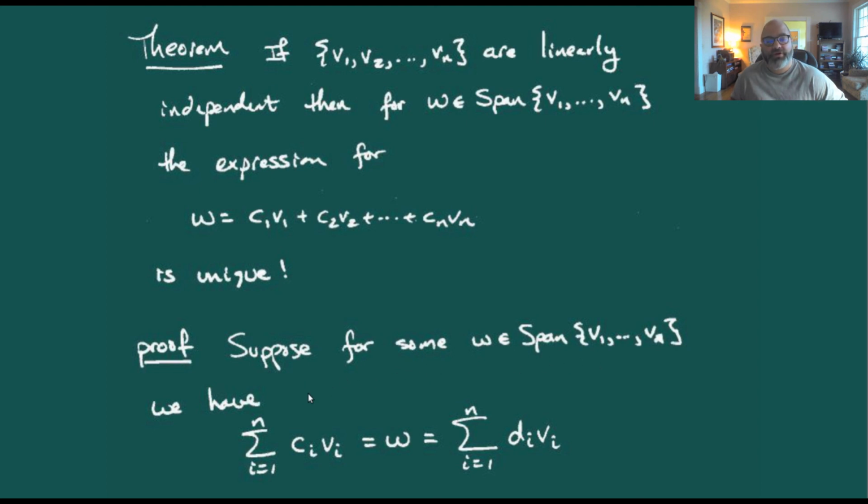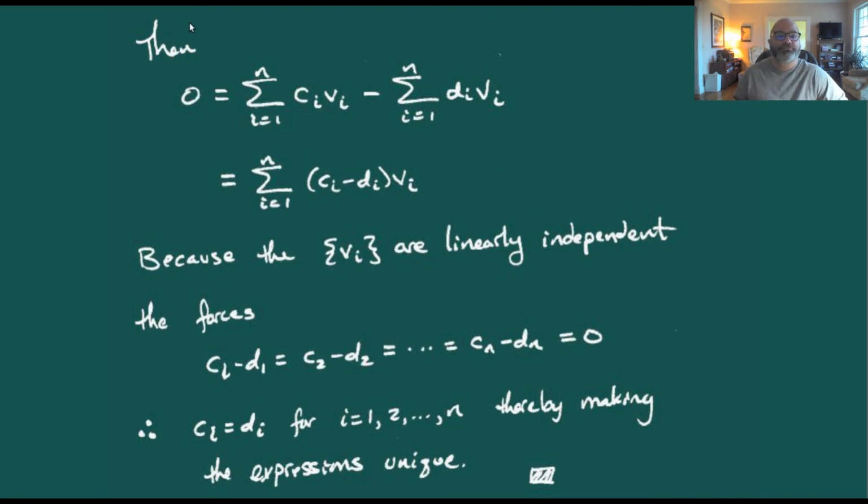Suppose that for some w in the span we've got two different representations: we've got the sum of c_i times v_i, and we've got the sum of d_i times v_i, two different linear combinations that give us w. If we just subtract those, then we get 0 as a linear combination.